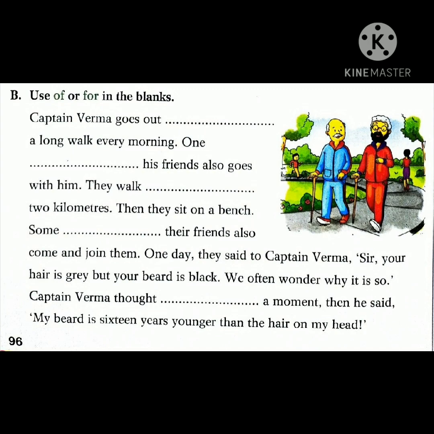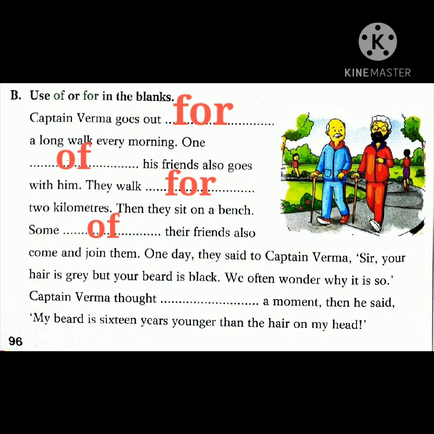Captain Verma goes out for a long walk every morning. One of his friends also goes with him. They walk for 2 kilometers. Then they sit on a bench. Some of their friends also come and join them.